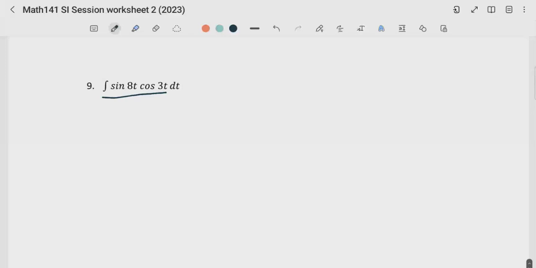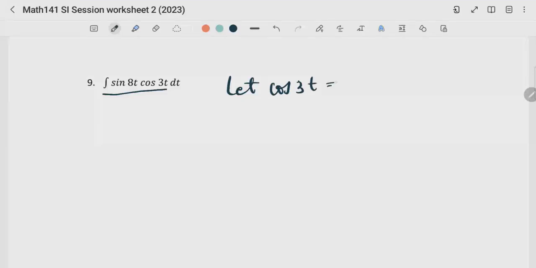Hello? Can we use a U substitution? Let cos 3x be cos u. Right, sorry, U substitution. So let cos 3x be equal to, sorry? U. So is that what you meant?